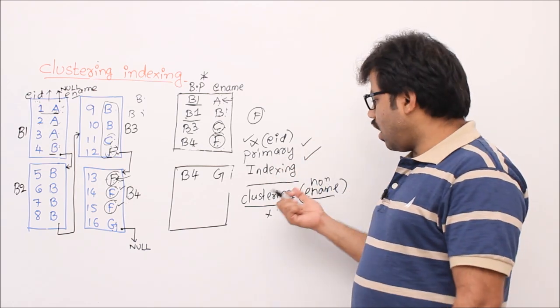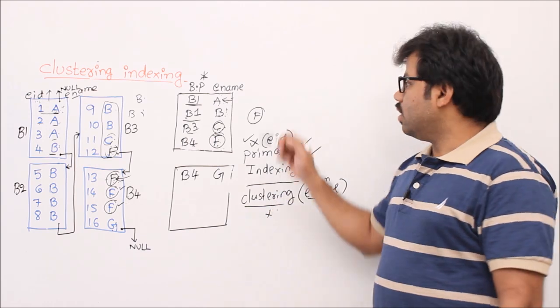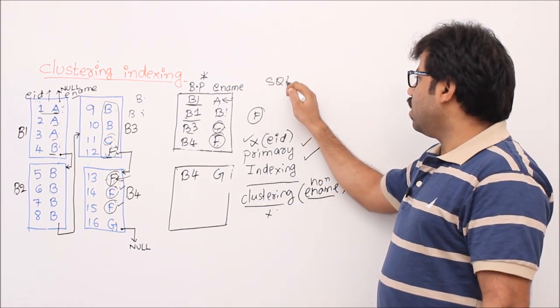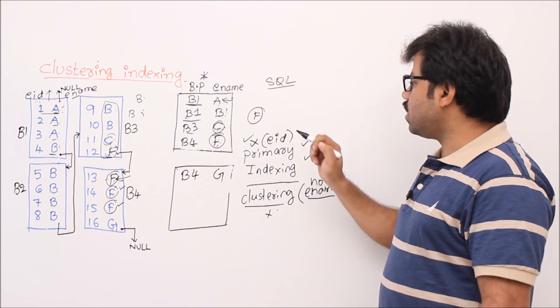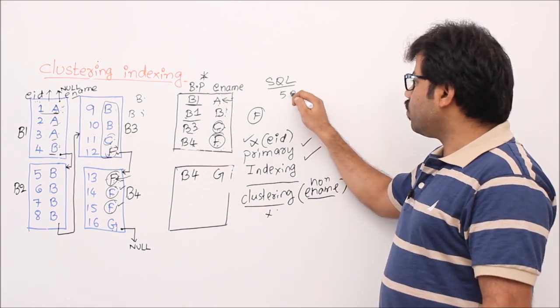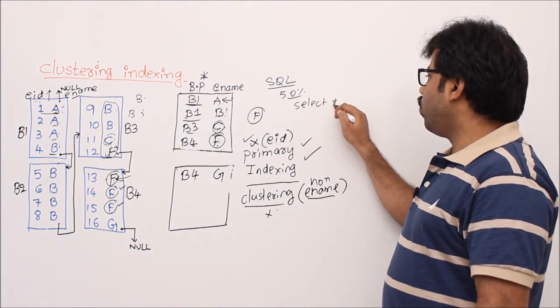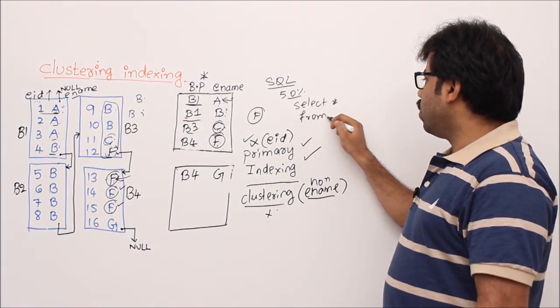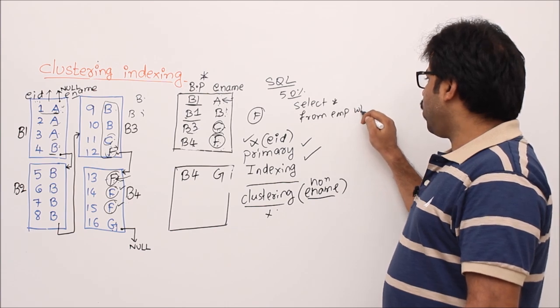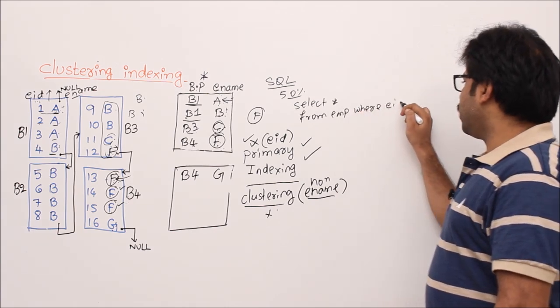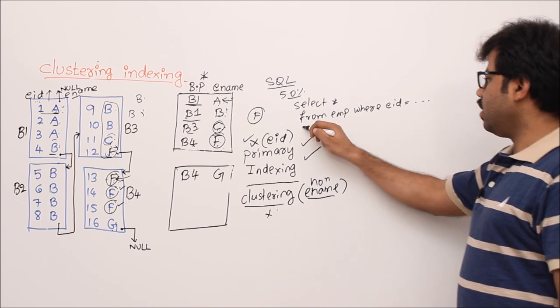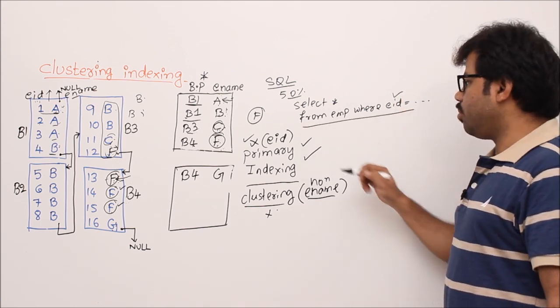Sir, then I want two, sir. Why? There are some queries in my requirement. That means my users are writing, 50% of the time, queries like: select something from employee where employee ID is something. That means they are referring to employee ID 50% of the time.